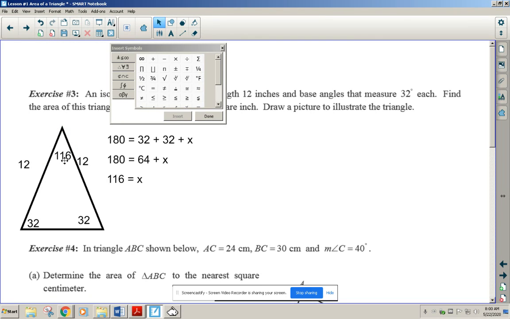done. So now I have my 2 sides, and I have my angle that's included in between my 2 sides. So here is my included angle.